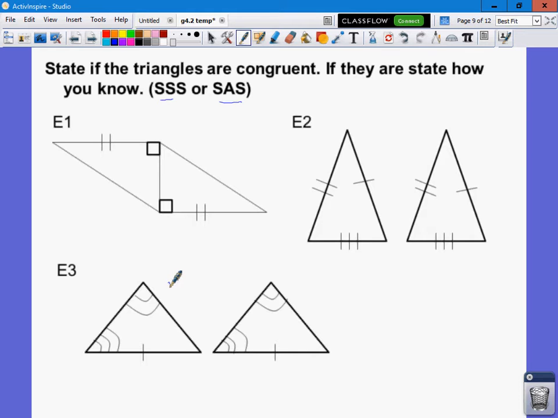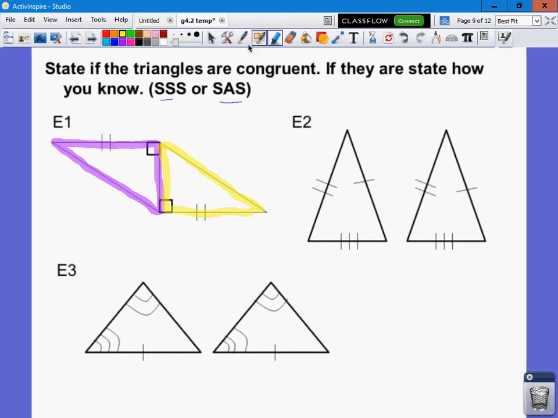What else would I be able to determine in this figure? Take a look. Here's this triangle. It has a shared side, doesn't it? Everybody see it? It has a shared side.